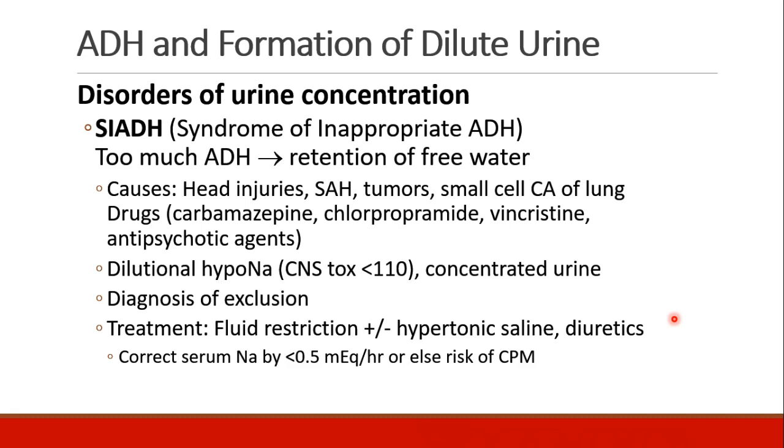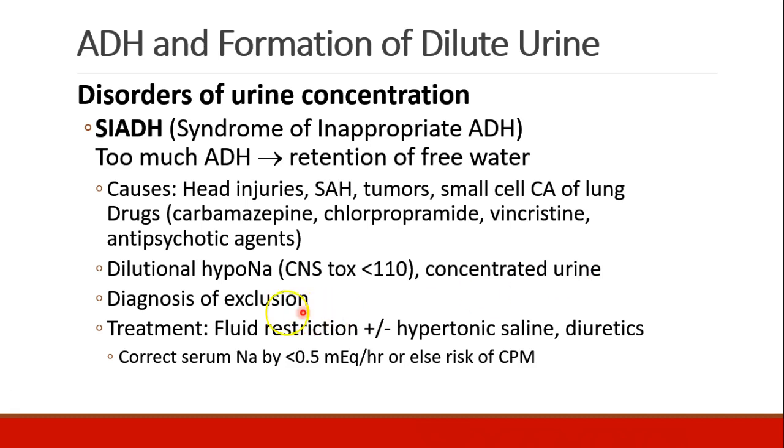Causes of SIADH, there are a lot of them. Often we see it in head injuries, people who've had a bleed in their brain or tumors. There are also some cancers like small cell lung cancer, and drugs, especially carbamazepine and some antipsychotic agents. When this happens, the patients retain so much free water that they start to dilute their plasma and they become hyponatremic.